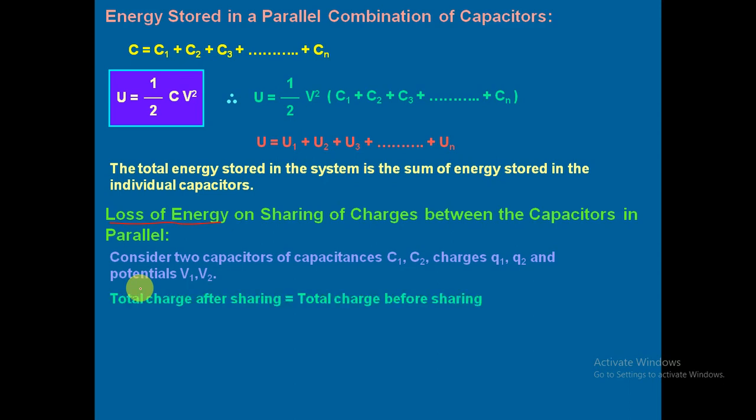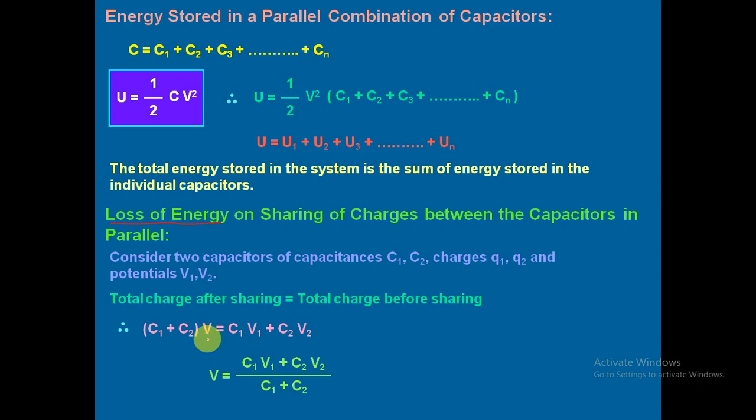Total charge after sharing must be equal to total charge before sharing, as per the conservation of charge. When the charges get shared between the two capacitors, since the capacitors are in parallel, the potential will become equal after sharing. So the charge on each capacitor would be capacitance times the potential.